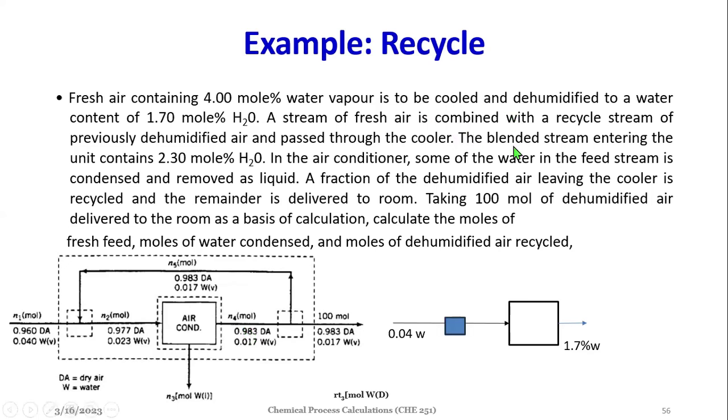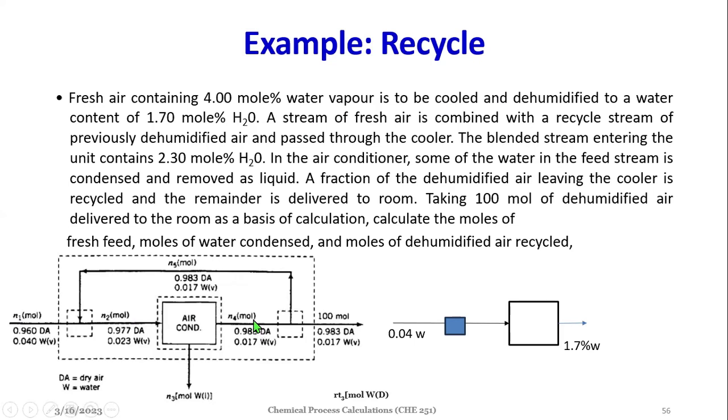Then the question goes on to say that a stream of fresh air is combined with a recycled stream of previously dehumidified air. So it means that this fresh air that is coming into the system, we are going to add a recycled stream from what we have dehumidified. So the dehumidification is just saying that we pass it through this condenser. It condenses some of the water out of the air.